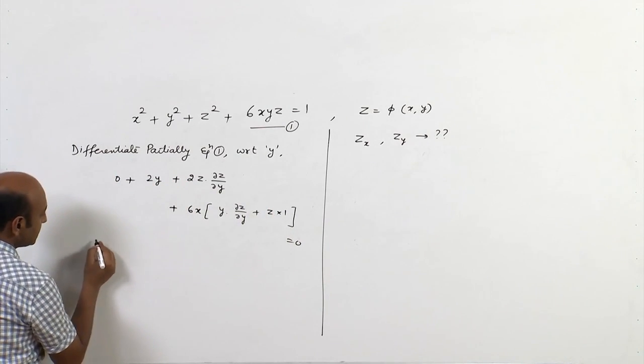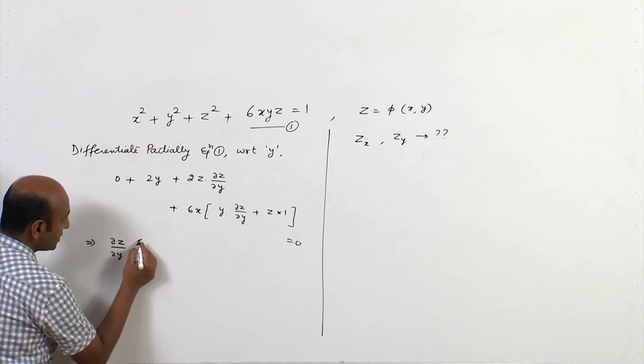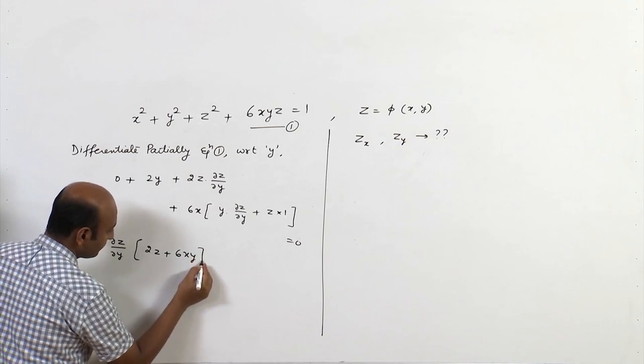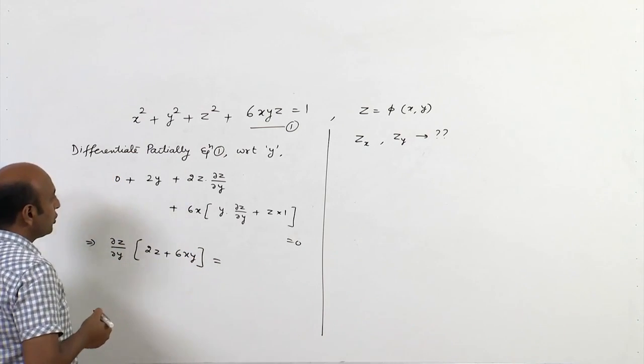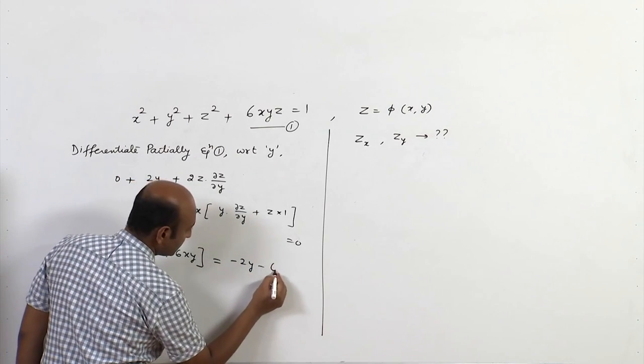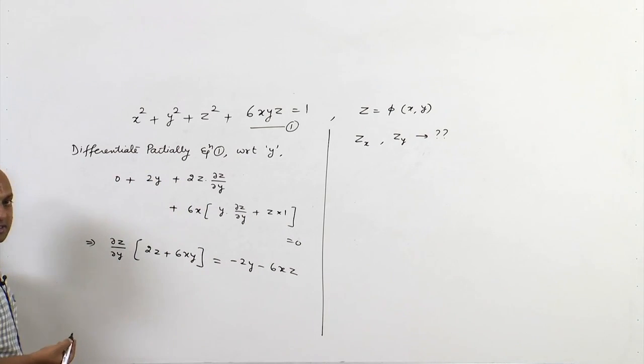So, this implies, now collect terms of del z upon del y, which is 2z plus 6xy, equal to, put all the remaining terms on the right hand side, that is minus 2y minus 6xz. Cancel 2 from both the sides again.